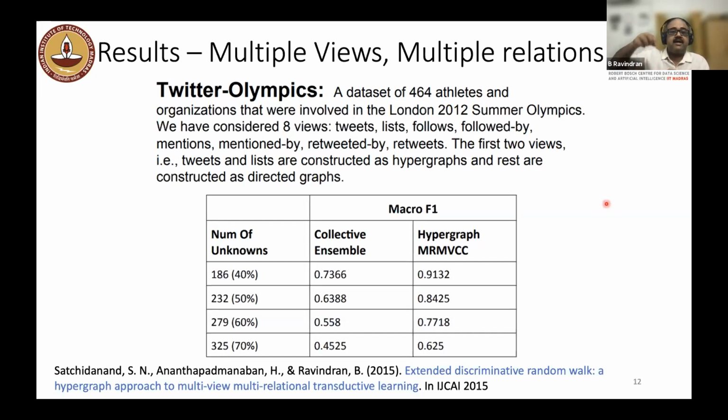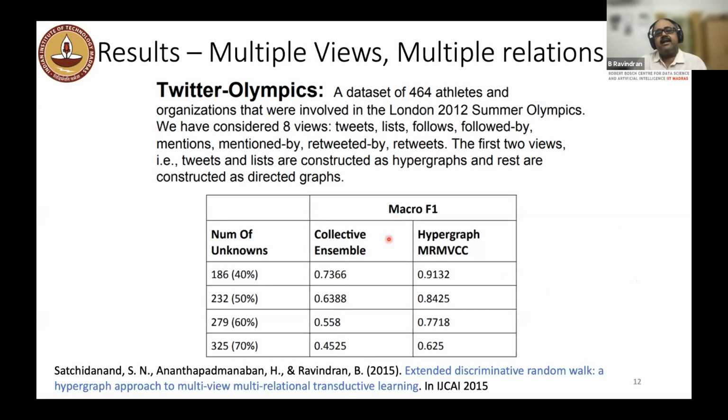And now the goal is, we have to figure out whether the person was an athlete or not. Right? So we know a few people who are athletes to begin with, and then we have to basically figure out what the role is. Just a toy example that we had. And so the collective ensemble is essentially a way of individually using each one of these relationships, making a prediction and somehow combining their predictions. And that was the best prior result.